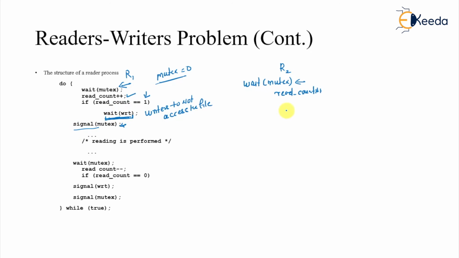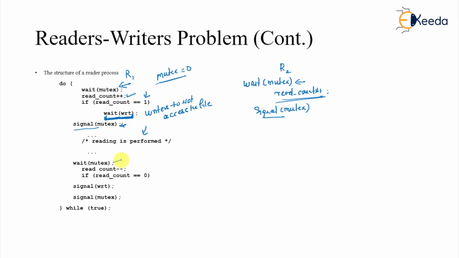Then it will signal the mutex, and another reader can also come and update the read count. So the first reader blocks the writer, and otherwise readers just update the read count and start reading. If the writer is the first one to come, then it is okay. Otherwise, if a reader is there, it will block the writers.